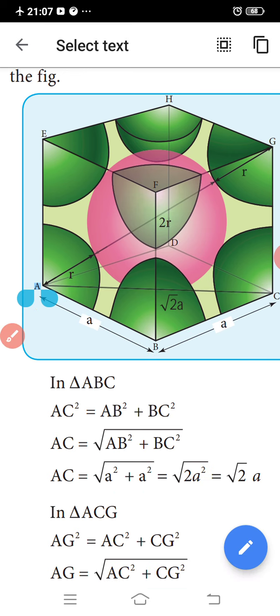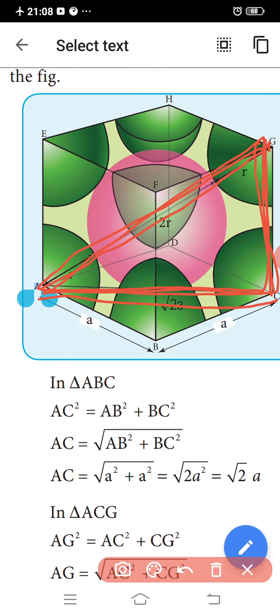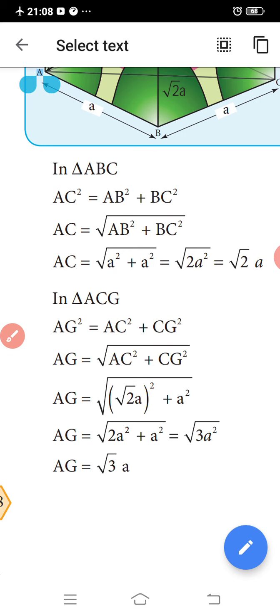Okay, the next one, discuss triangle ACG. So AG squared is equal to AC squared plus CG squared.